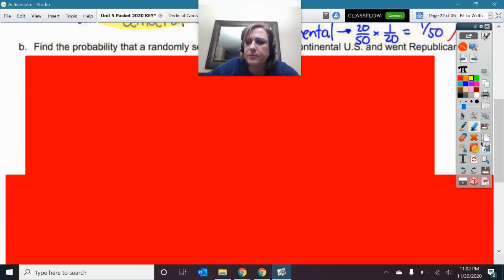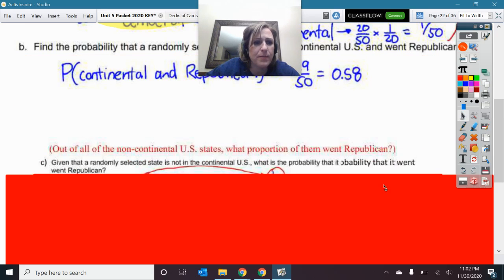All right. Next, we are asked a conditional probability. We are saying, given that a randomly selected state is not in the continental US, so that is what the denominator is going to be.